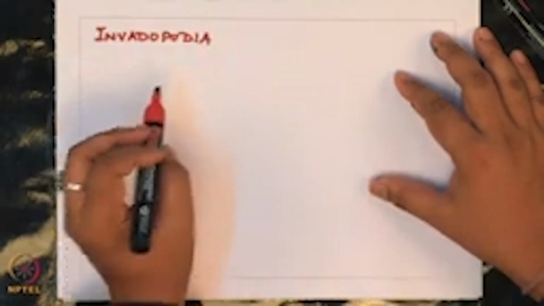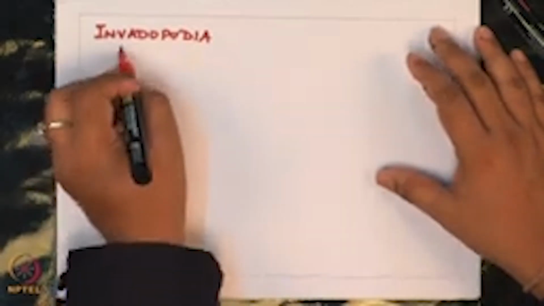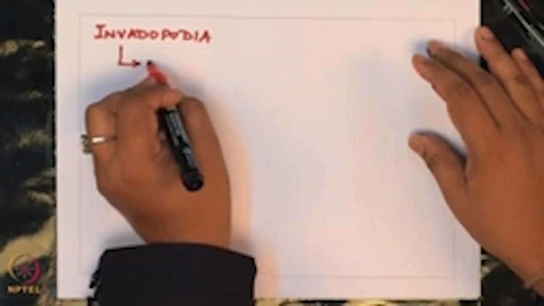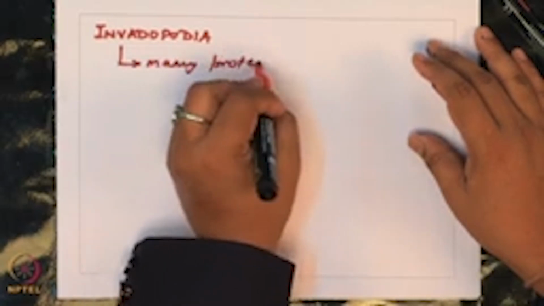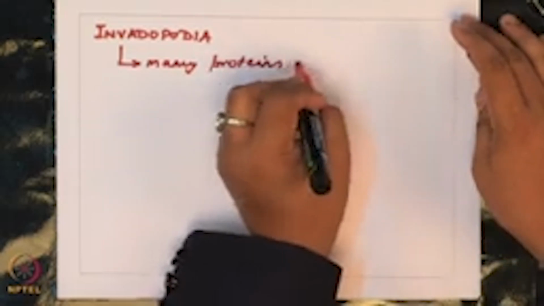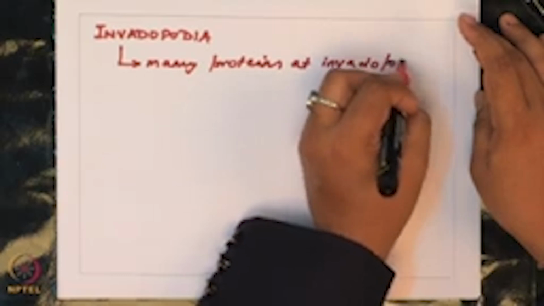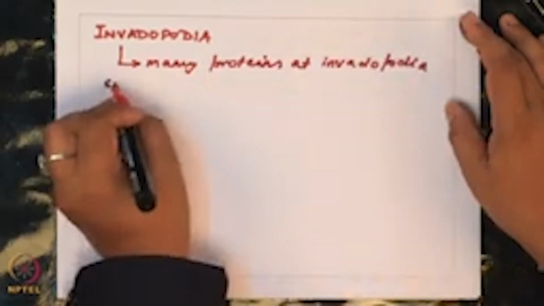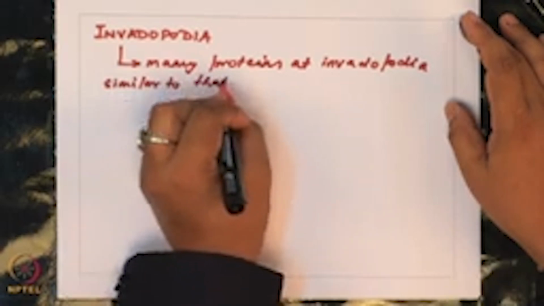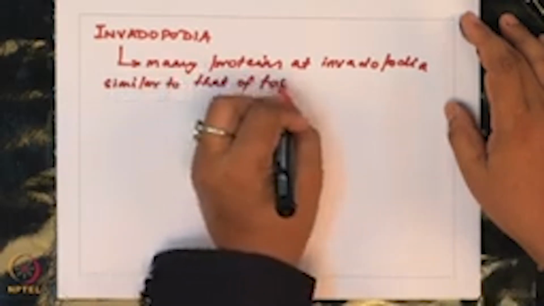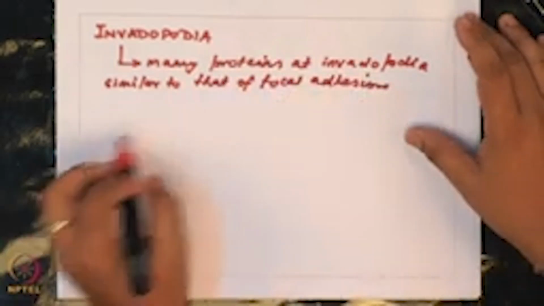Okay. So, it is not necessarily a focal adhesion structure, but invadopodia contains many proteins similar to that of focal adhesions.